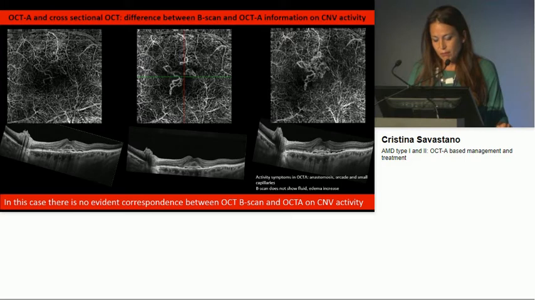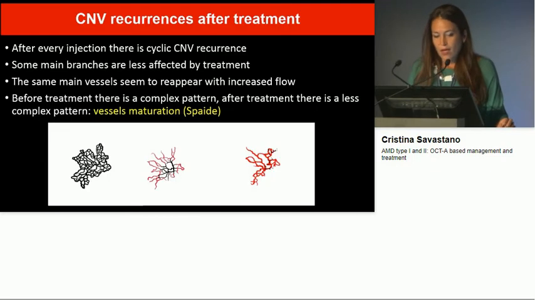If we compare the B scan here, we can see a big and corresponding increase of activity. Here, where the anastomosis and the arcade of small capillaries grow in time, here is corresponding to a few activity here in B scan with subretinal fluid increasing.